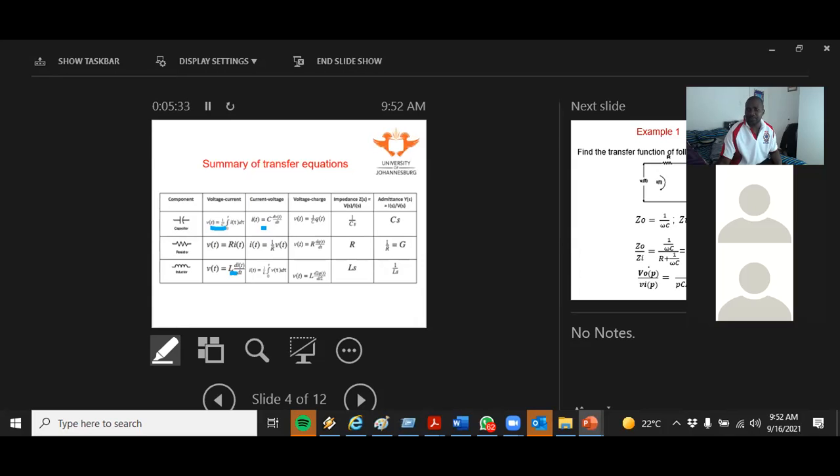Most importantly, if you look at the transfer equation in terms of admittance, that's when the current is the output. Then you have CS for the capacitor, 1 over R as the transfer function for the resistor, and 1 over LS as the transfer function for the inductor. That is how your transfer function is built.